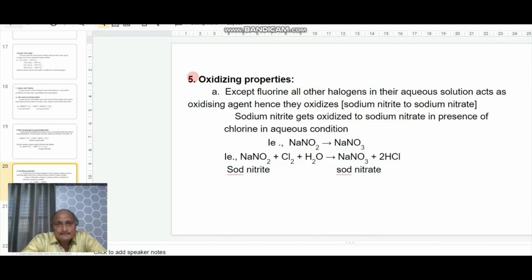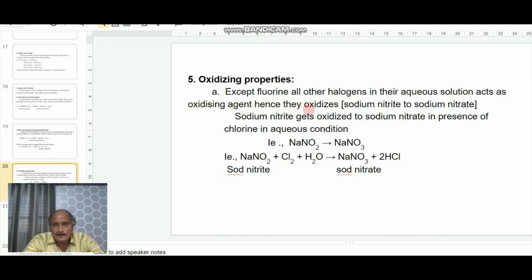Coming to the oxidizing properties of halogens. Except fluorine, all other halogens in their aqueous solution act as oxidizing agents.